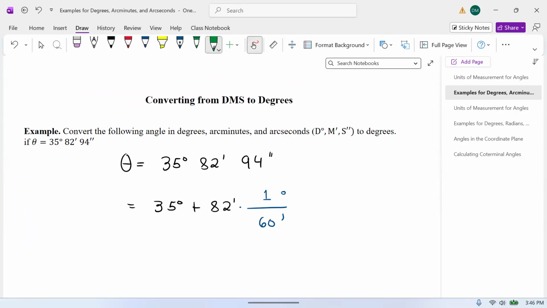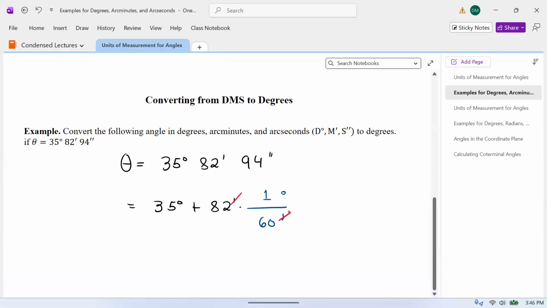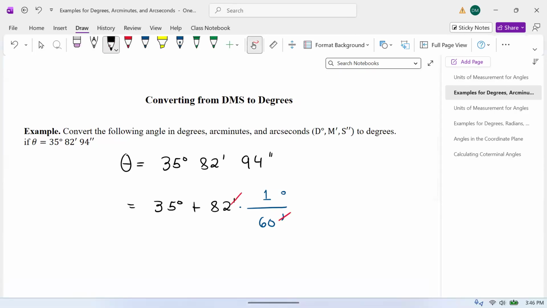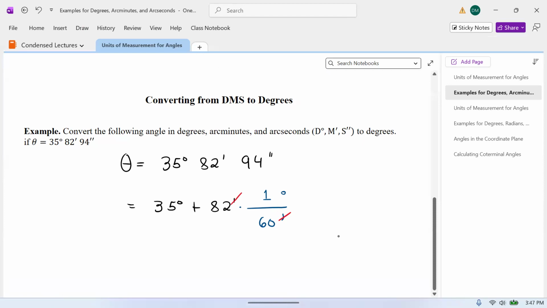Okay. Cancel. So I get 35 degrees plus, what's 82 divided by 60? I'll round that to about 1.37 degrees.